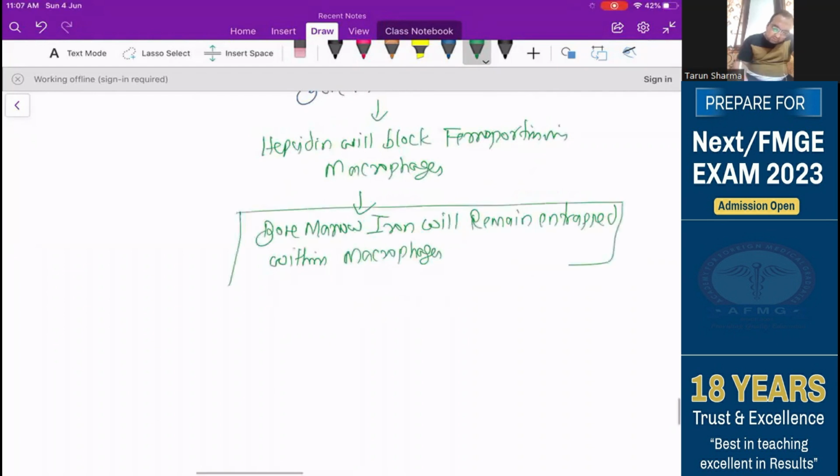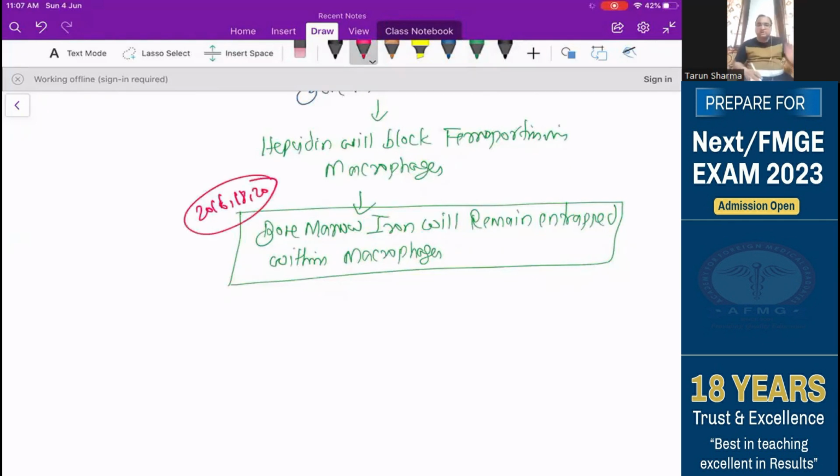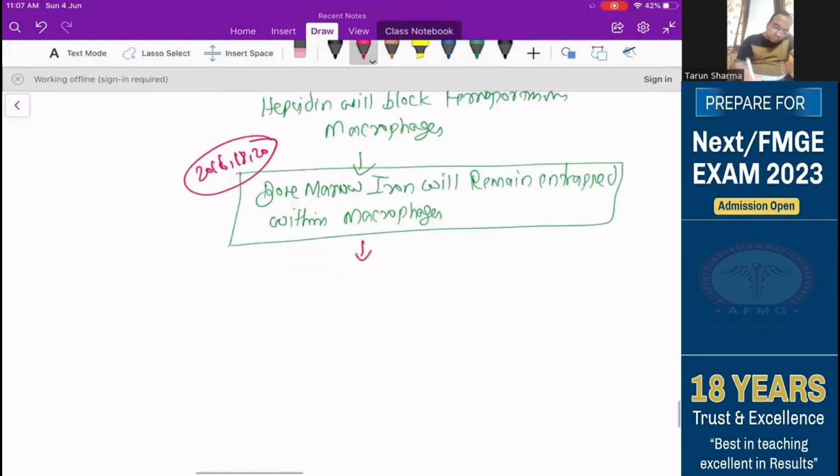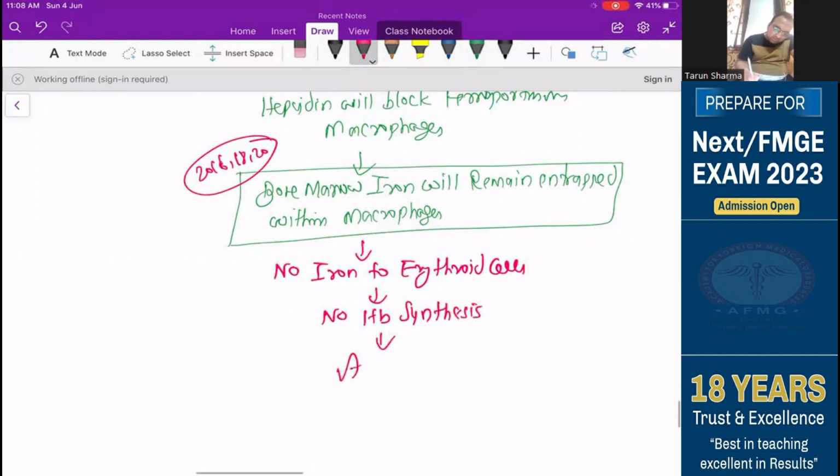This is the line which was asked in your exams, I think 2 to 3 times: in 2016 they asked, 2018 they asked, 2020 they asked. 3 times they have already asked this question, that in which type of anemia the iron will remain entrapped within the bone marrow macrophages, and the remaining erythroid cells will remain hungry for this iron, and there will be anemia. So there will be no iron to erythroid cells, so there will be no hemoglobin synthesis in the RBC, in the erythroid cells, and that's why the patient will have the anemia.